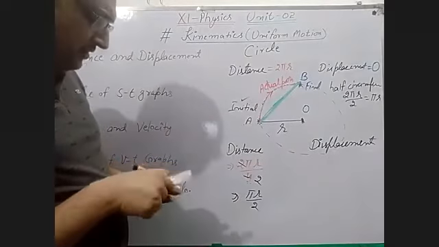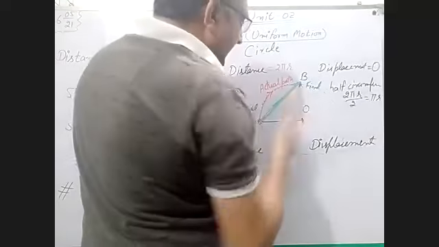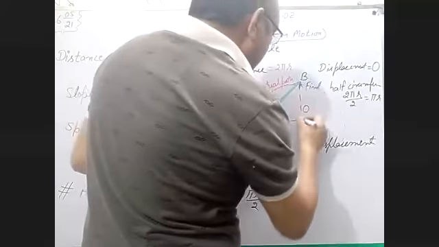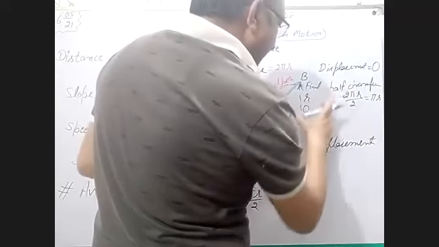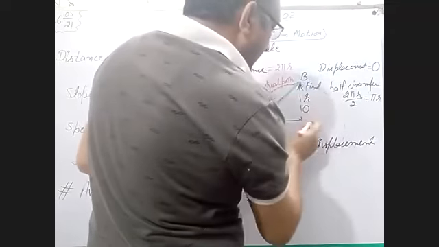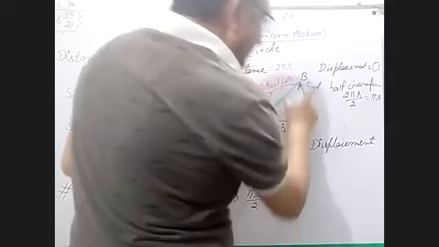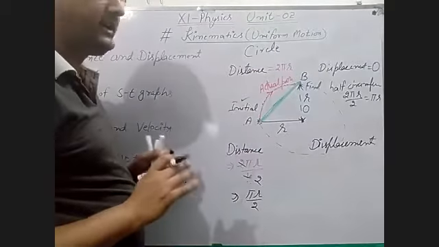Now we know that this is R and this is also R, because every normal from the circumference crossing the center is a radius.